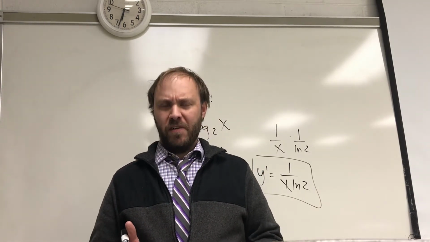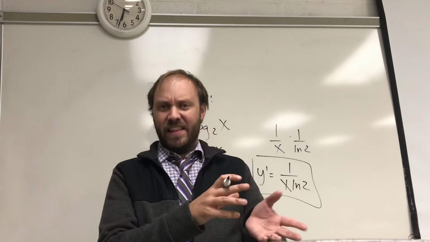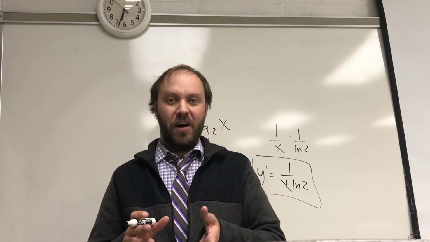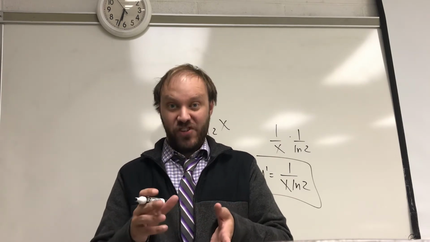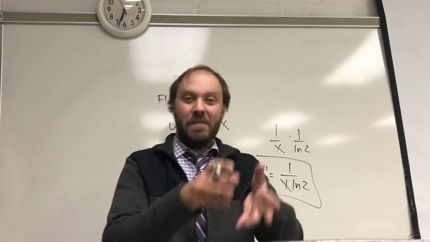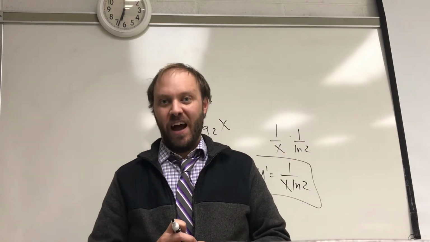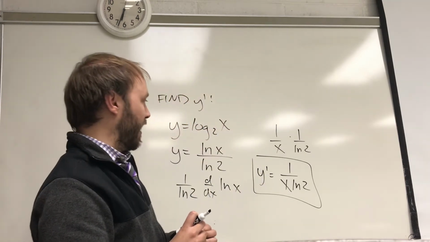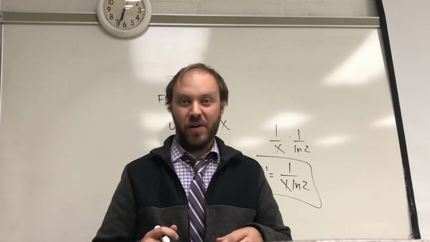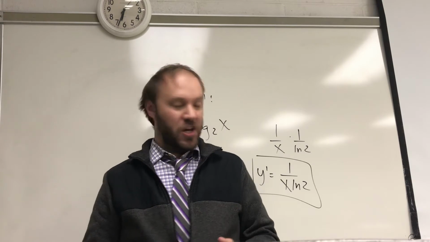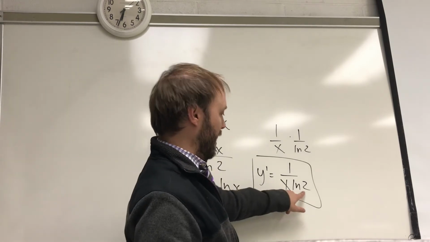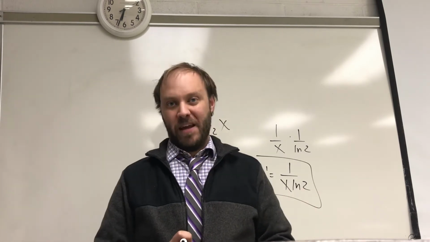Remember, the derivative of e to the x is e to the x. The derivative of 2 to the x is 2 to the x times the natural log of 2. It's times the natural log of the base. And so we're seeing the same thing. It's following the same pattern as the derivative of the natural log function. You're just getting a natural log of the base showing up in the denominator.